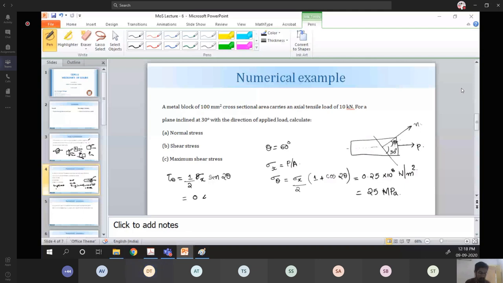What is the value in MPa, megapascal? 0.05. Yeah, so 0.05 into 10 to the power of... 0.05 megapascal, no. 50 megapascal. Yes.